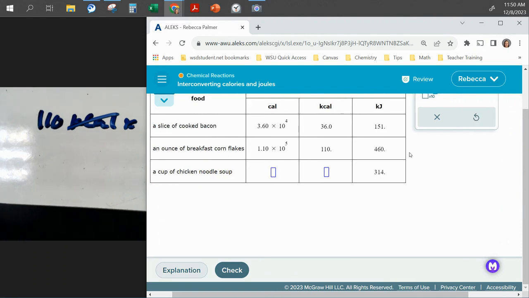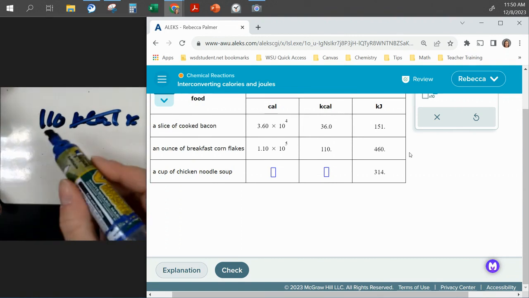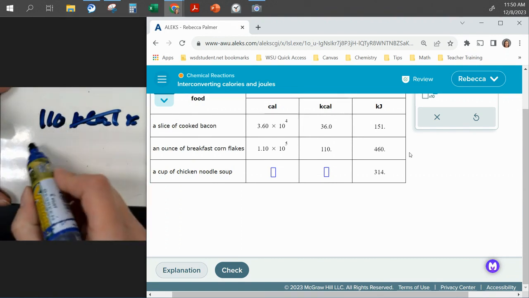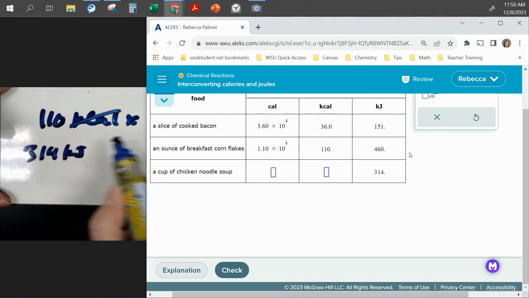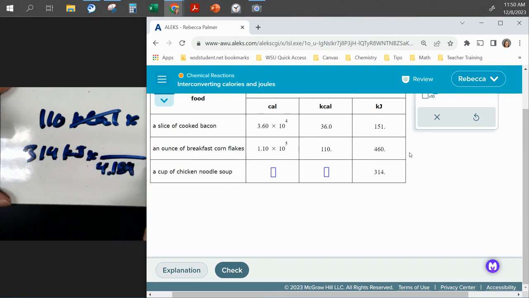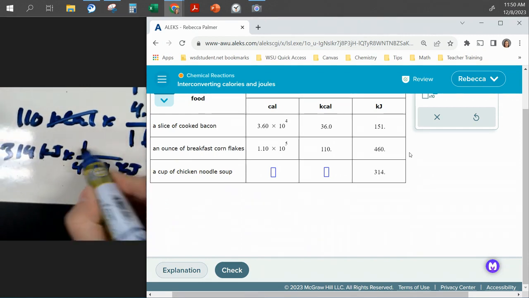And then the last type would be, if we're going from kilojoules to kilocalories, we need to divide by 4.184. So 314 kilojoules. For 4.184 kilojoules, we have 1 kilocalorie.